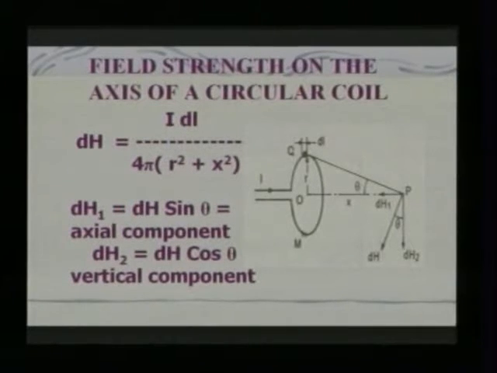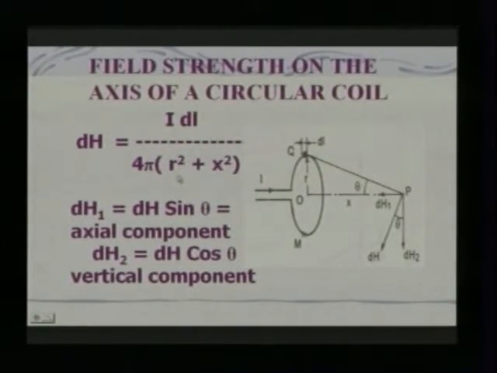The field strength or magnetizing force due to a small element dl at point P on the axis of the circle, at a distance of x meters from the center of the coil, as given by the Laplace law, dH is equal to I dl by 4 pi (r square plus x square).